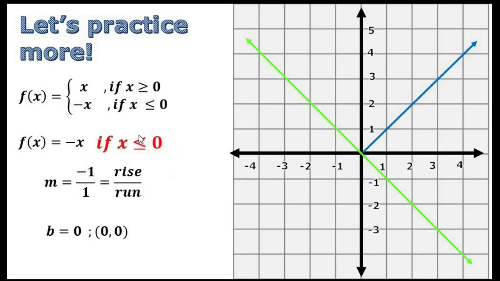But take note that we have a restriction and we want to graph only when x is less than or equal to 0. Again, we are going to use here a shaded circle because the inequality is less than or equal. So that is exactly at the origin. And then we choose the graph we wish to eliminate to satisfy the restriction.